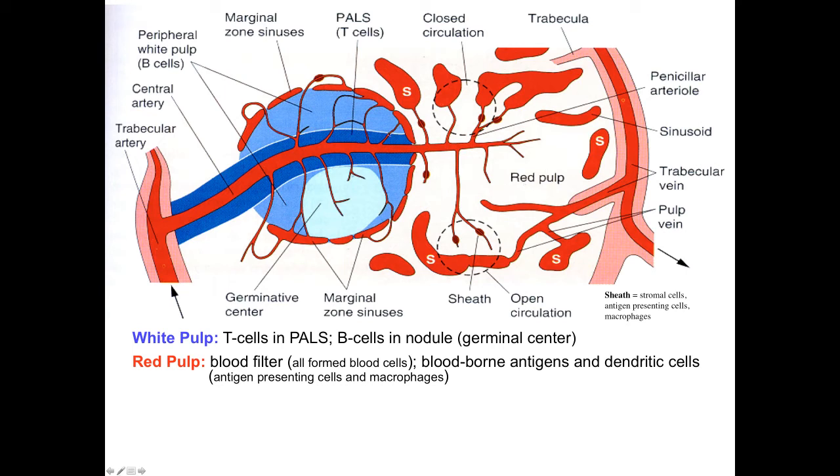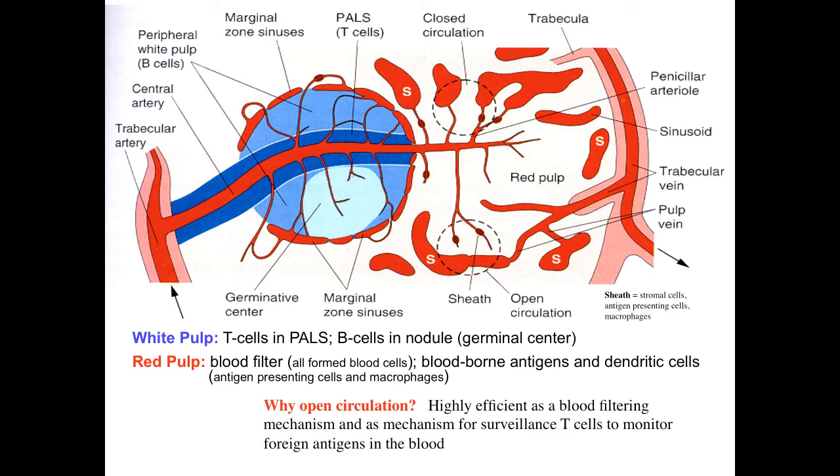But the spleen is also a site where tremendous immunologic surveillance occurs, because the blood flowing into this open circulation is going to be exposed to lymphocytes, macrophages, etc. So the open circulation almost certainly evolved as a highly efficient mechanism to filter blood and as a mechanism for surveillance T cells to monitor foreign antigens in the blood.